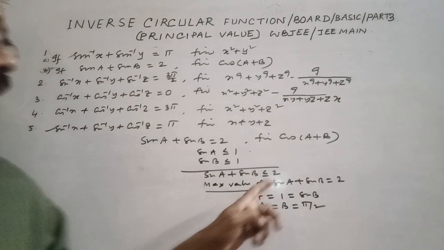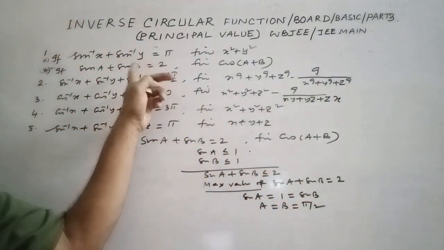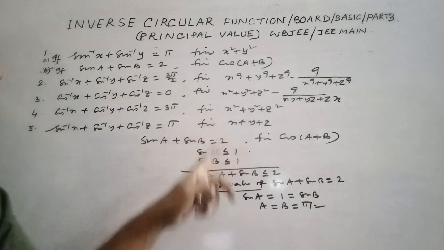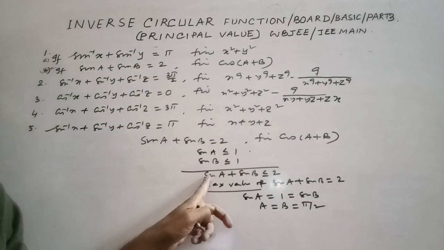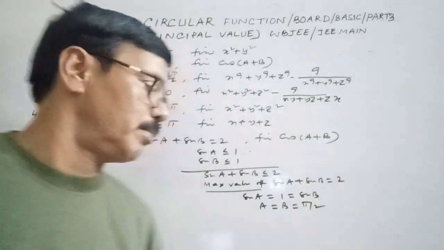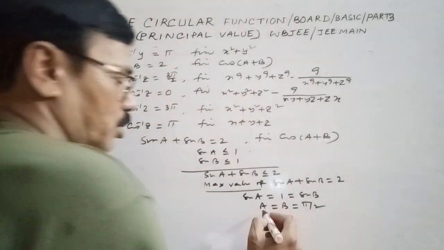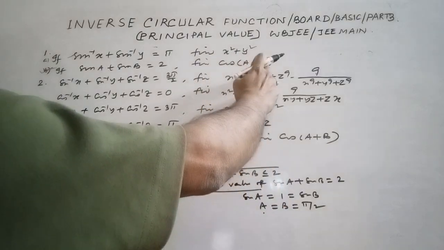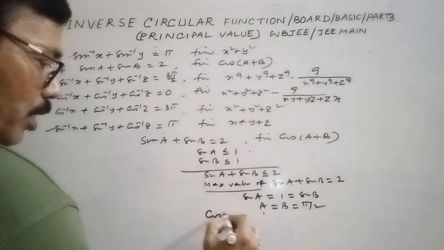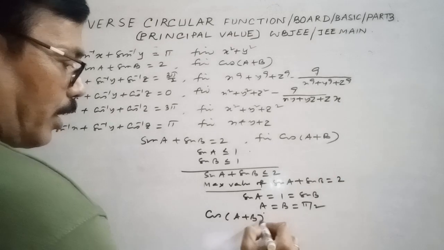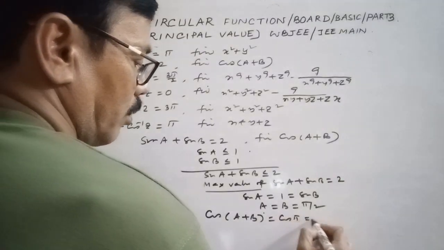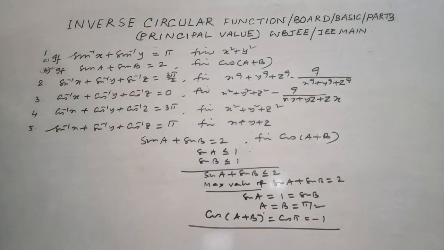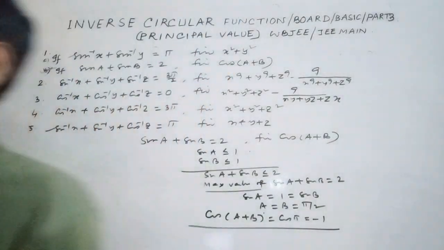Since sin A plus sin B equals 2, this is possible when sin A is maximum and sin B is maximum, that is A equals B equals pi by 2. So what is cos (A plus B)? cos (A plus B) equals cos pi, which equals minus 1. So we use this principle.